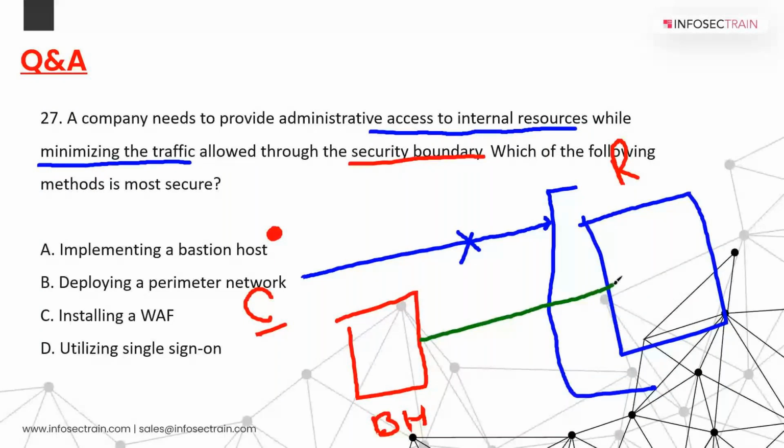So instead of directly having a connection with the resource, you make a connection with the bastion host. You go to the bastion host, and the bastion host has a connection or a tunnel with the resource, and through this you can send your information to the resource.